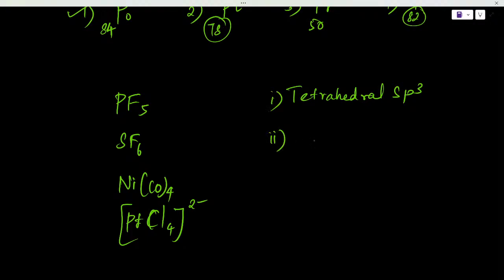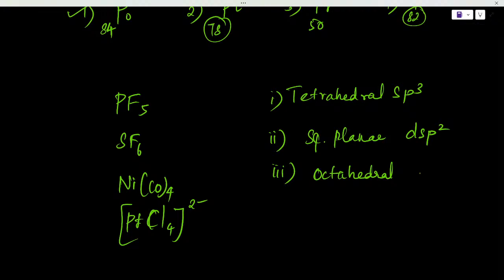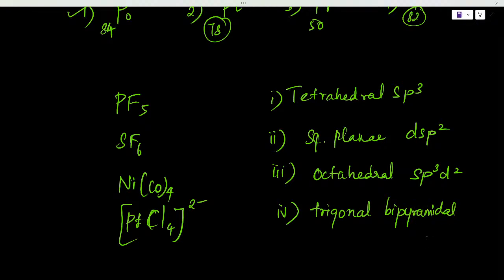The second one is square planar, dsp2. The third one is octahedral, sp3d2. And the fourth one is given as trigonal bipyramidal, and the hybridization is given as sp3d2.